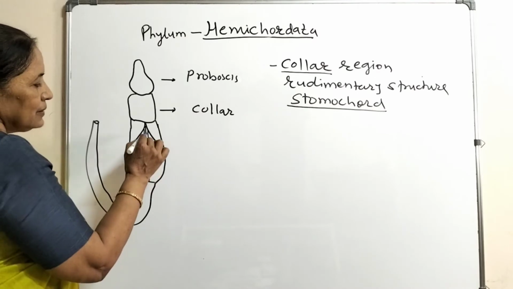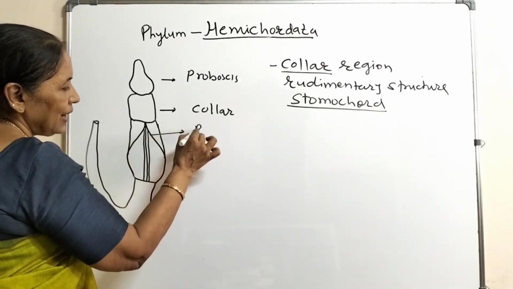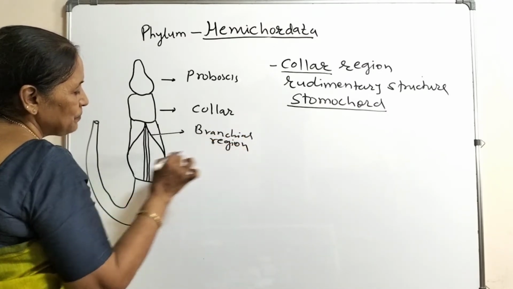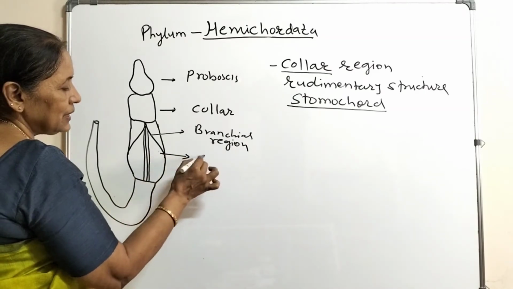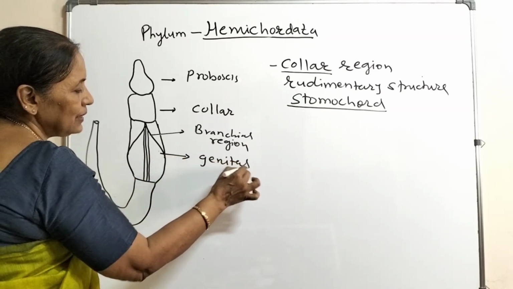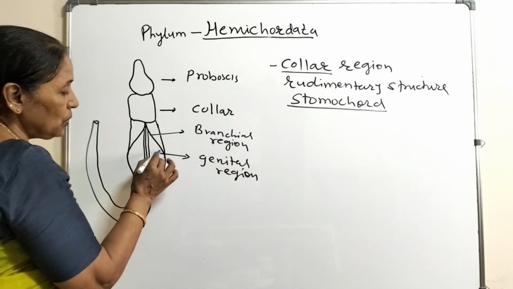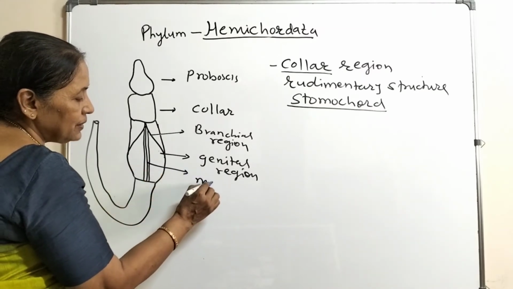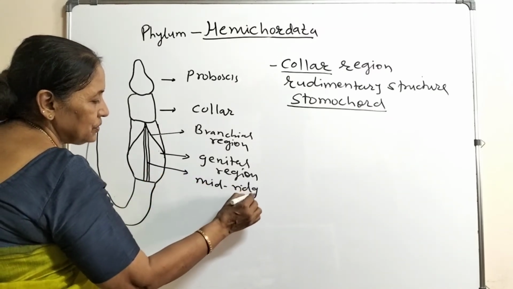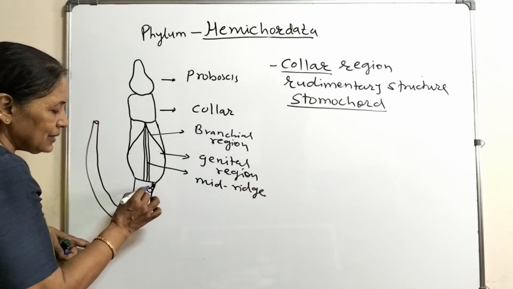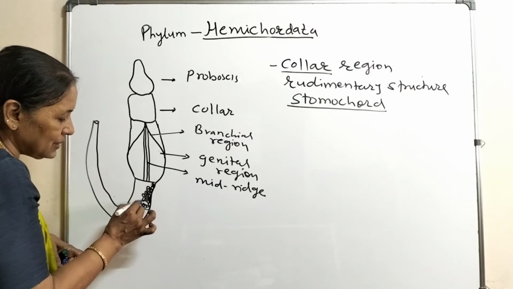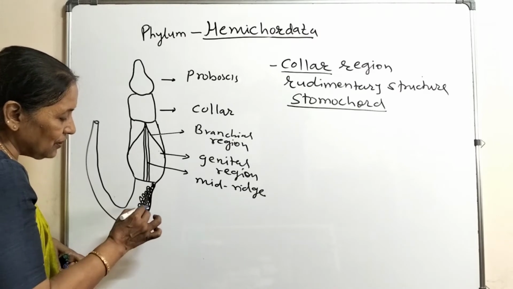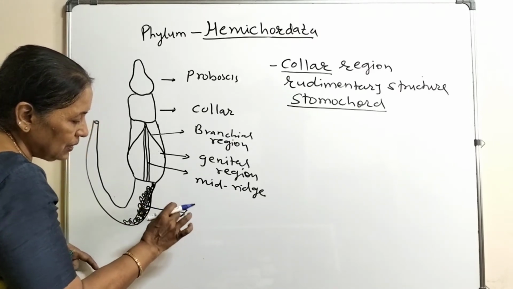This is the branchial region. The first part is the branchial region where the gills are present. Next is the genital region; these two are the genital wings. This is the mid-dorsal ridge. Here is the hepatic region. These are the hepatic ceca, which secrete secretions that make digestion easier.